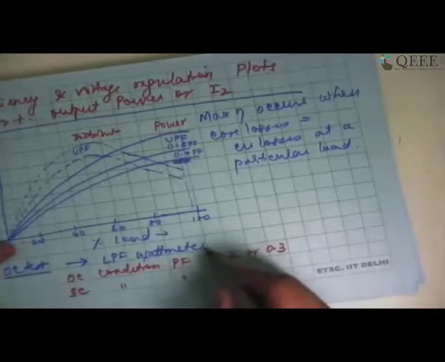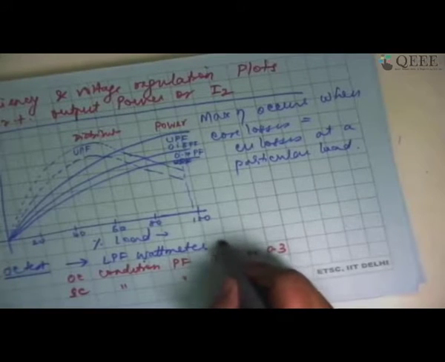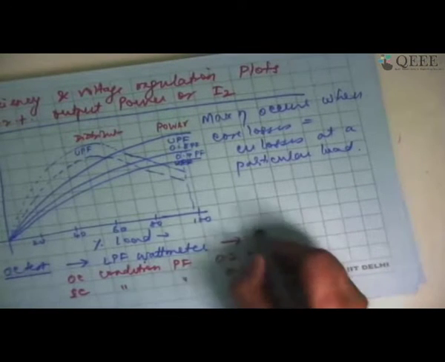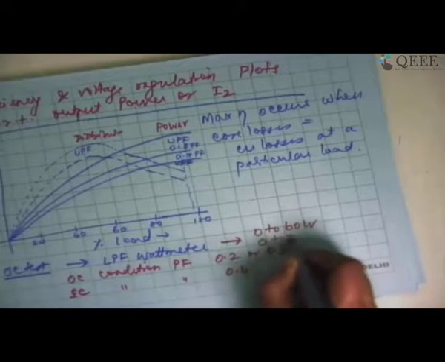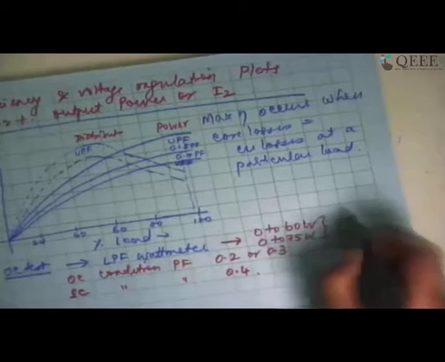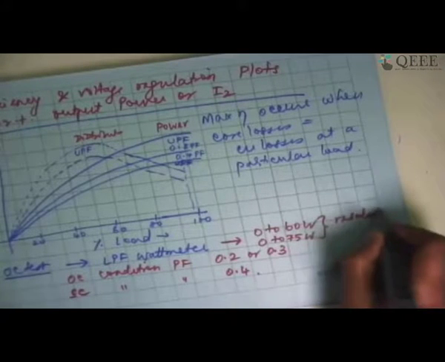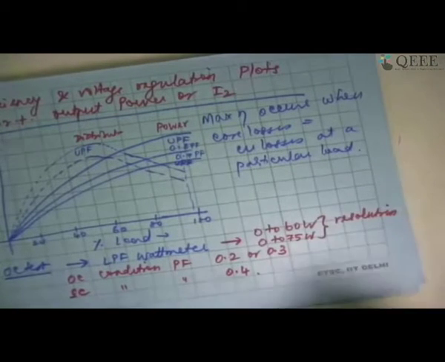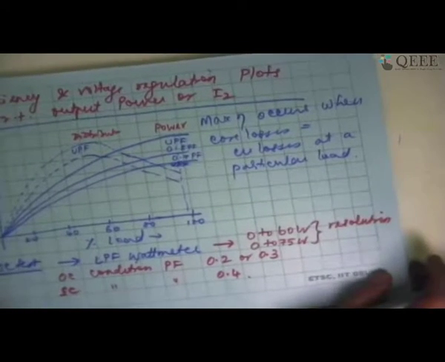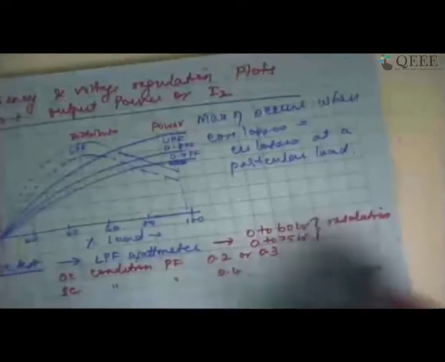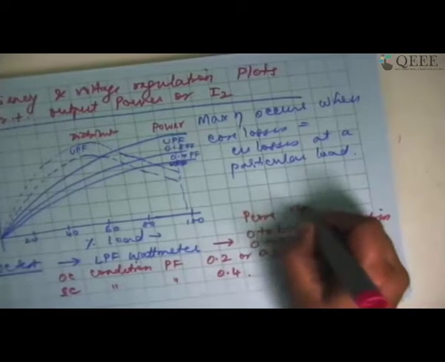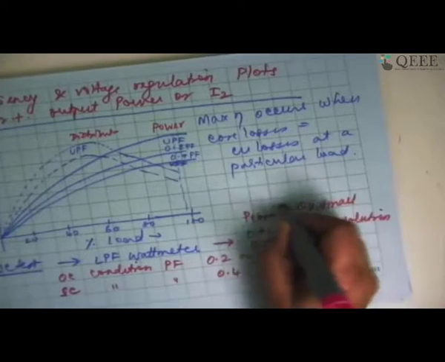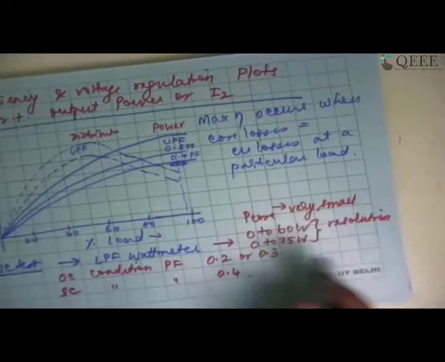In open circuit test, we generally use a LPF wattmeter because LPF wattmeter ranges will be normally 0 to 60 watts or 0 to 75 watts. So we will have a good resolution. That is the only reason. Resolution is much better. We generally expect that open circuit losses or core losses will be very small because we normally design the magnetic circuit of a transformer to be very good.